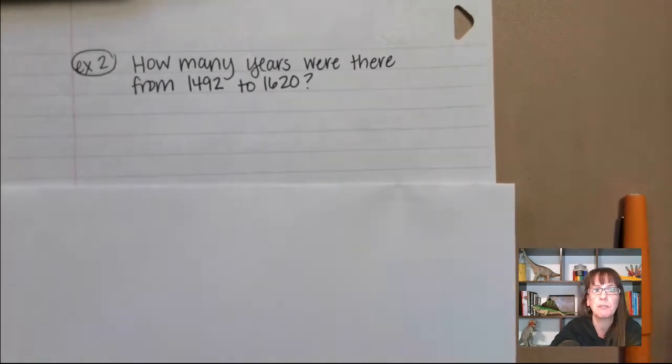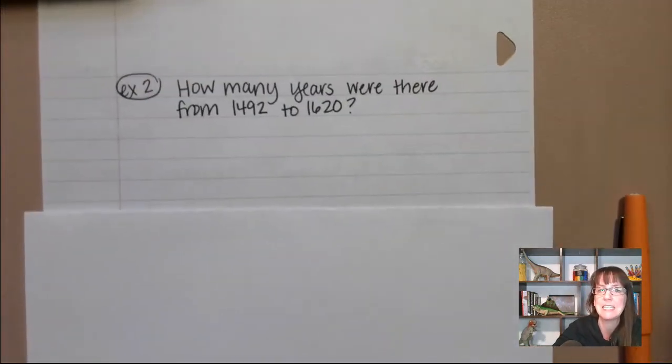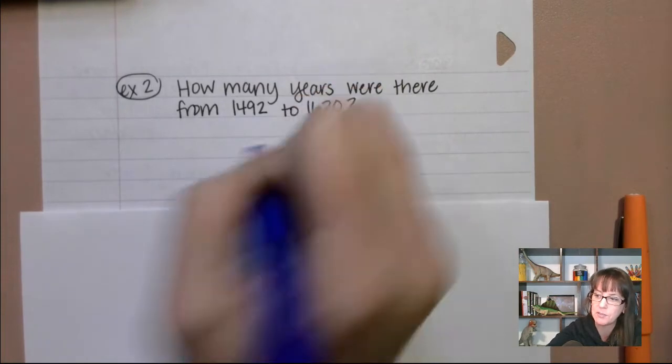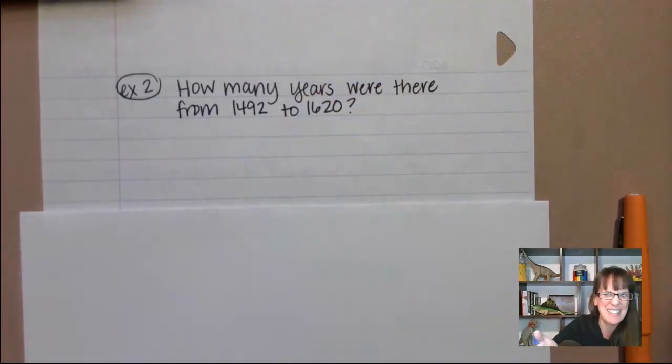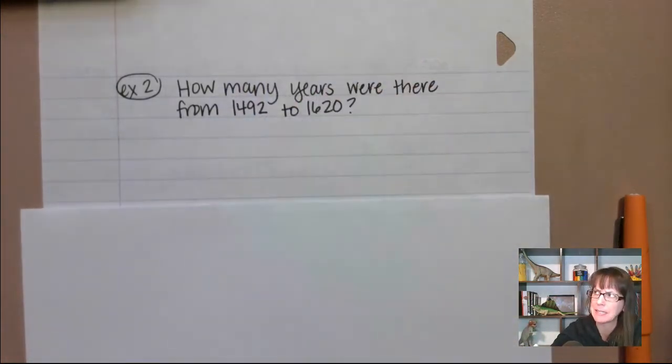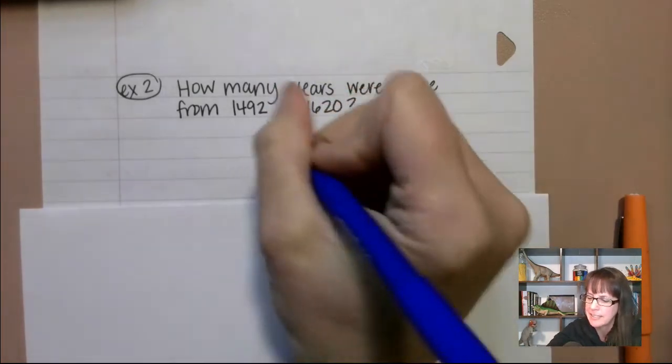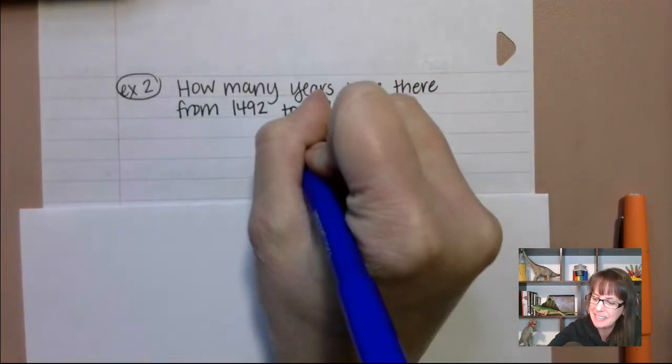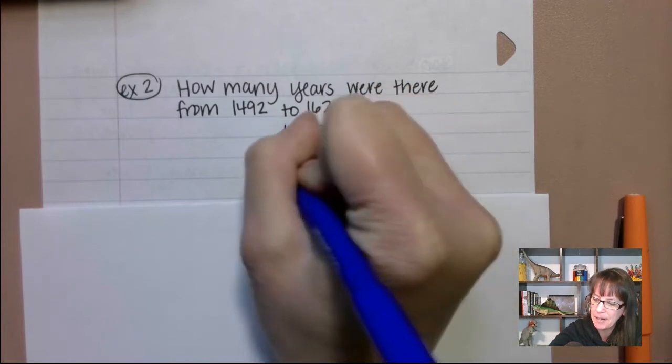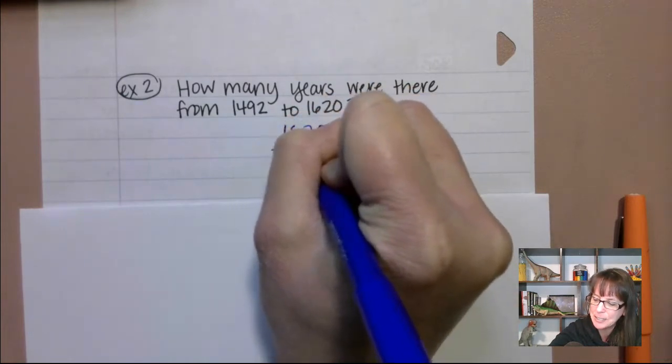How many years were there from 1492 to 1620? What we have to do is find the later one, which is the most recent, and then subtract the one that's further back. It's kind of confusing sounding, the later meaning closer to us, but we want to do 1620 minus 1492.